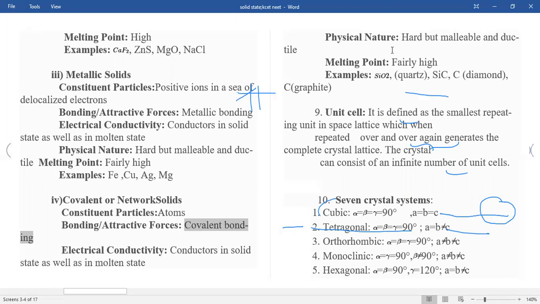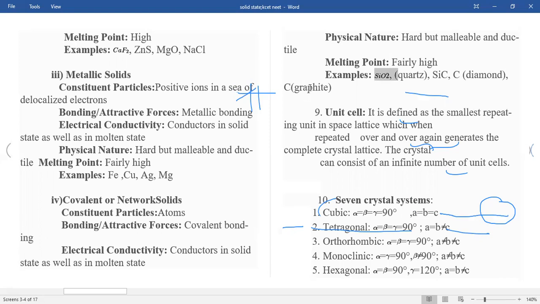When it comes to physical nature, they are hard but malleable and ductile, and the melting point is fairly high, obviously because of the presence of a strong bond. Examples: SiO2, that is quartz, silicon carbide, carbon as diamond, and carbon as graphite. These are examples for the network or covalent solids.